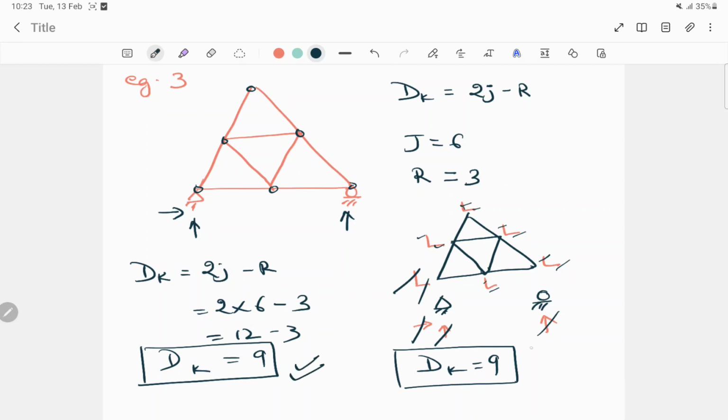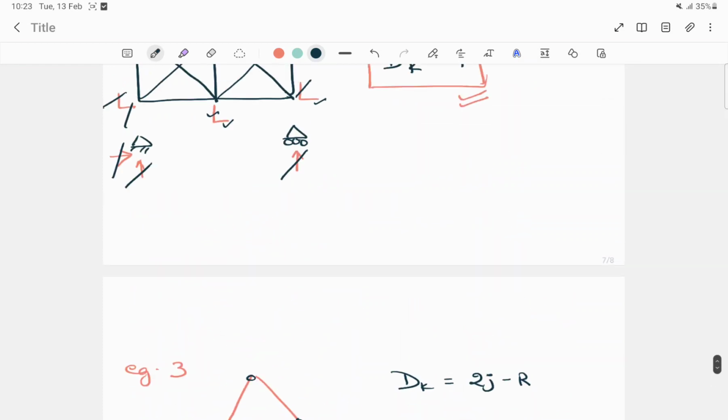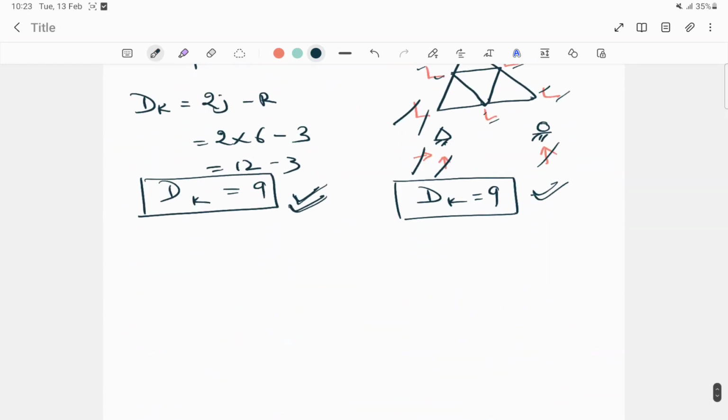This is the manually calculated value, and this is by using the formula for finding the degree of kinematic indeterminacy. Likewise we have to calculate the degree of kinematic indeterminacy in case of the truss.